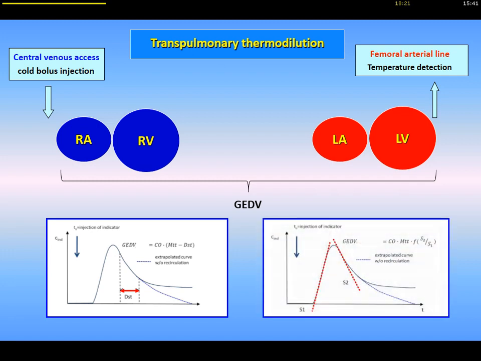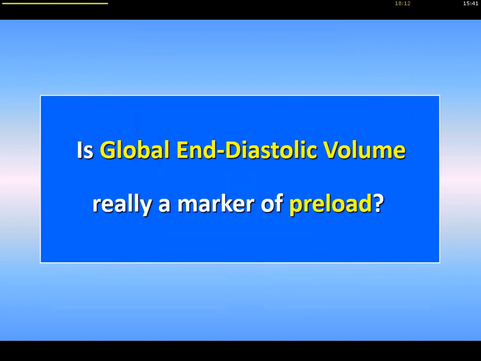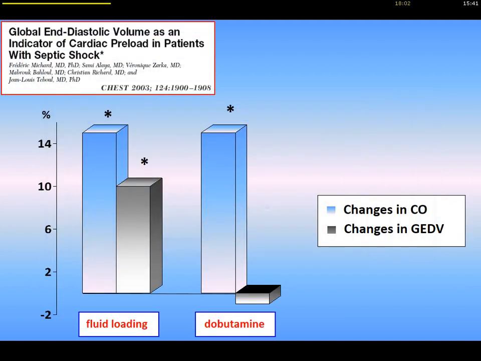If you use a VolumeView, it is another way to calculate GEDV, but the results are more or less the same. And a question which can arise is, is global end-diastolic volume really a volumetric marker of preload? The answer is yes.